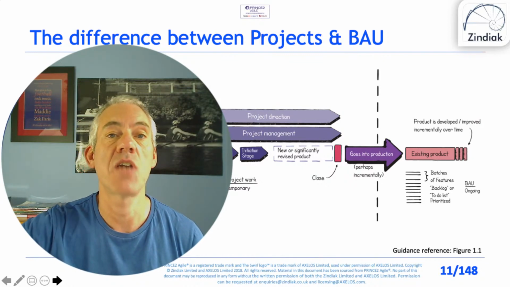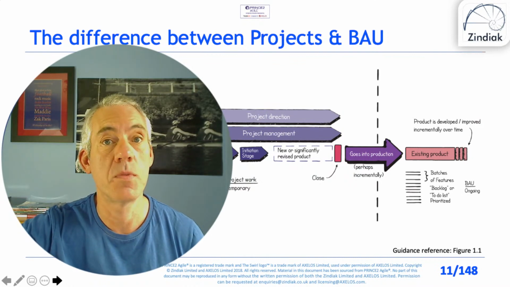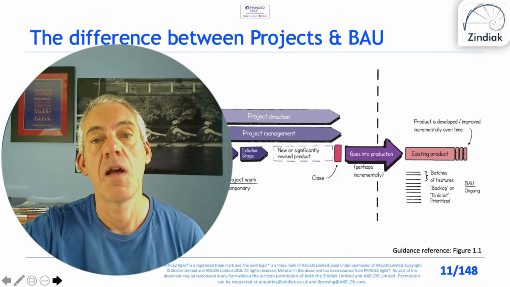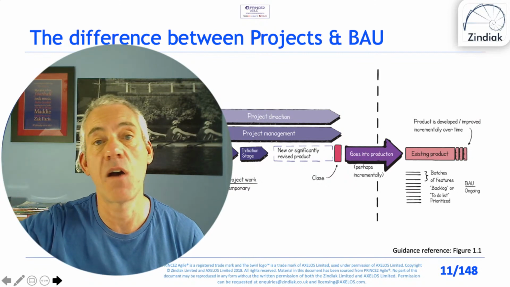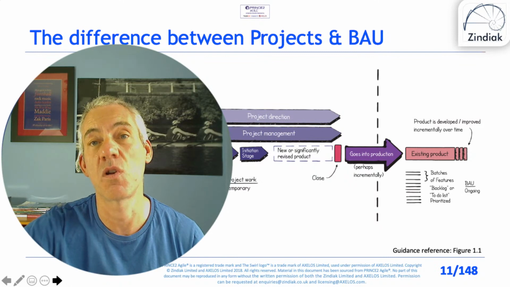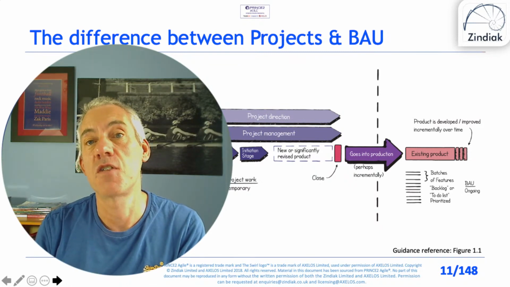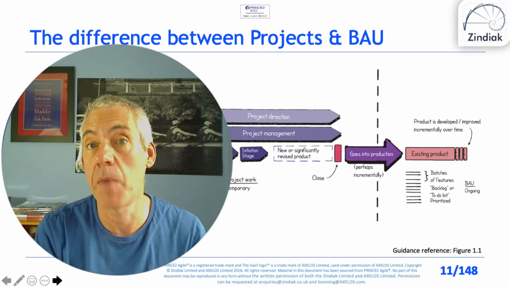It continues and it goes into a maintenance phase where we update it and improve it over time. And typically that update and improvement over time may be seen as business as usual. If there's a major change to the product or service, we may have another project to manage that.